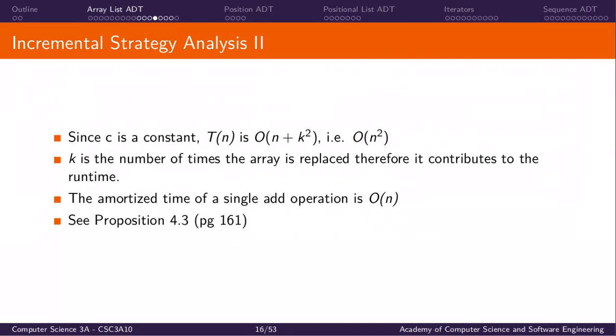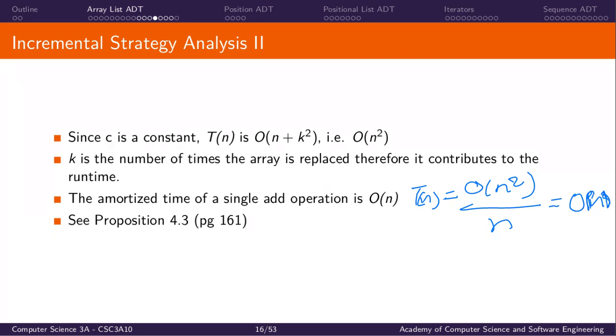What is the average time? If Tn, which is the time taken to insert n elements, is order n squared, then the time taken for a single one of those will be, as we agreed, Tn divided by n, and that will be linear time. All right, why? Because we divide by n. So we have Tn, which is order n squared, and we're dividing by n. And we end up with something that is order n time.